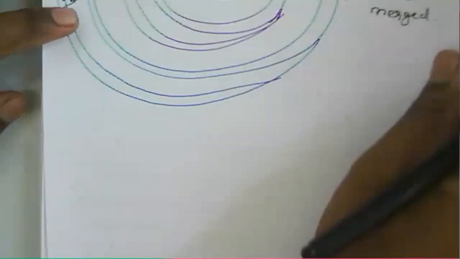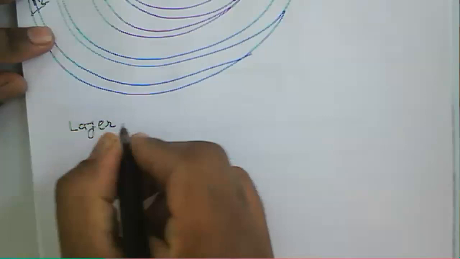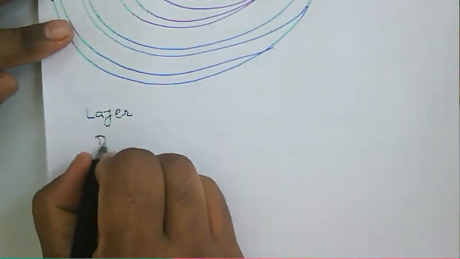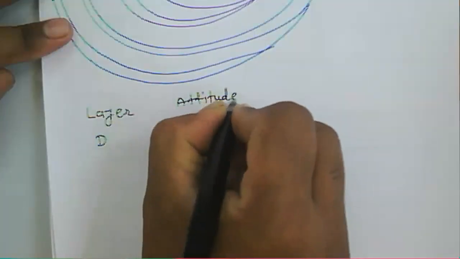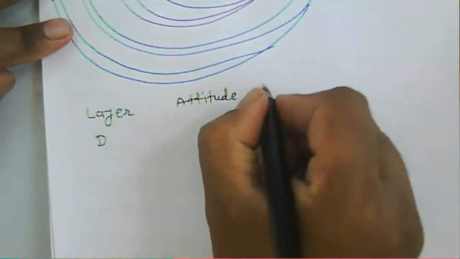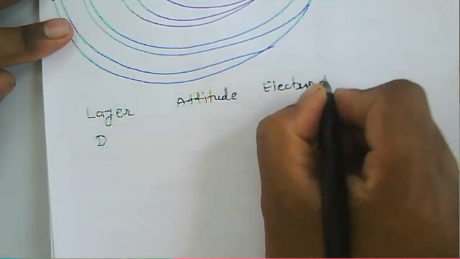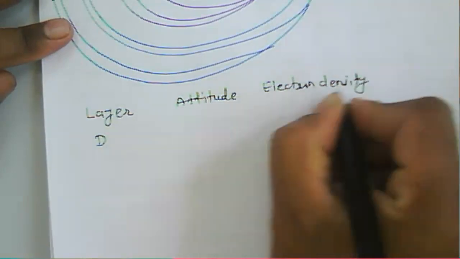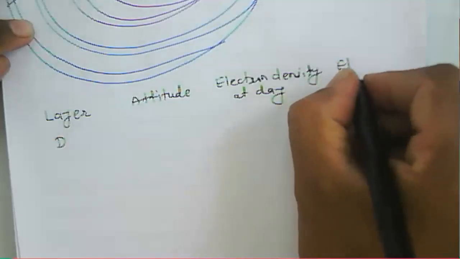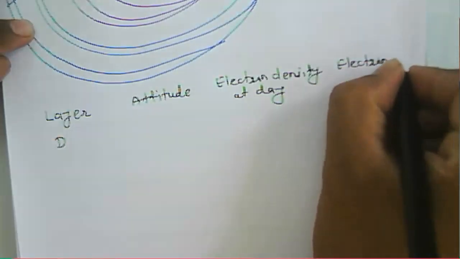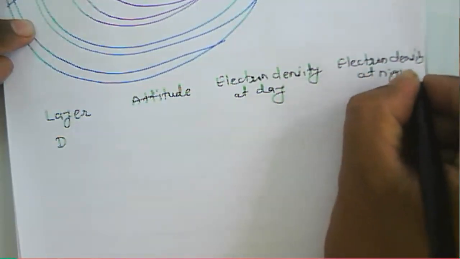So what will be the ionospheric layers and their altitude? We'll learn. So if you consider a layer, that will be D, and that will be the altitude here, and their electron density at day here, and electron density at night.